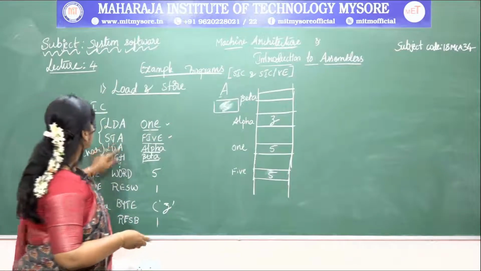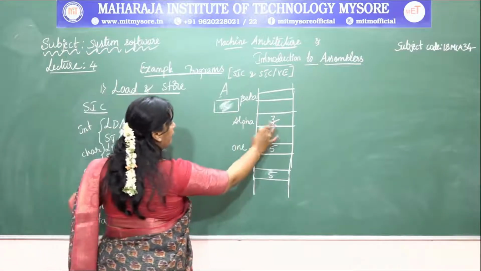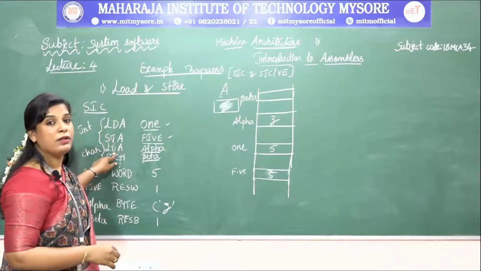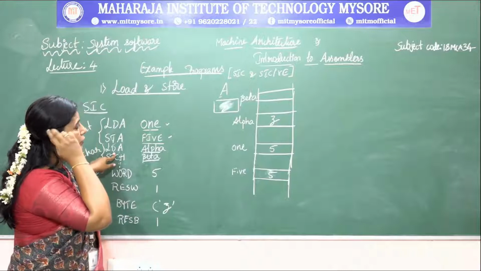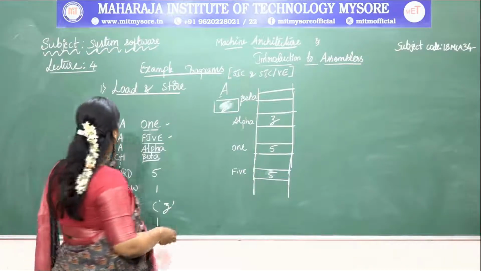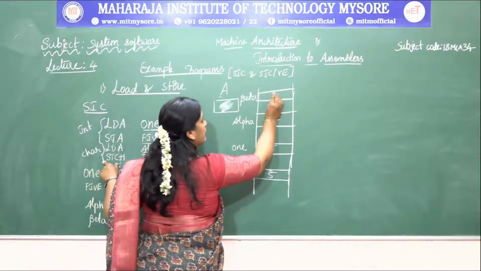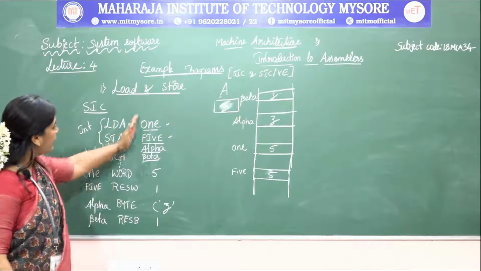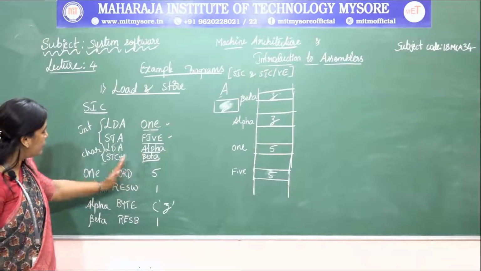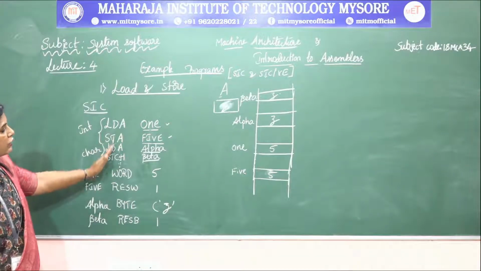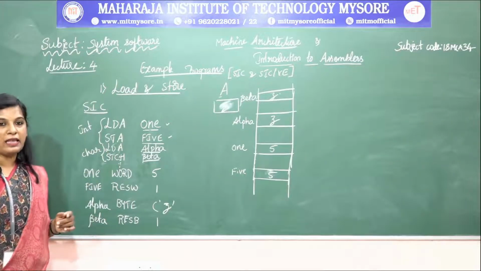Next, load accumulator with the alpha value, Z. Then copy that same data to memory location beta, storing the character present in register A. All variables used in those instructions must be defined in the label field. So this is how we can write the program using SIC.